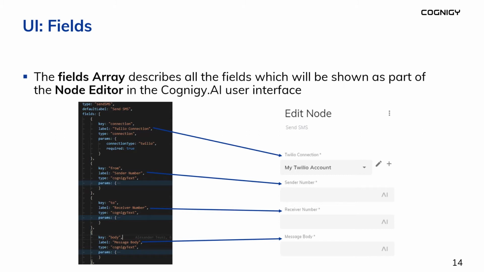So we have a Twilio connection field, which is of type connection. We have a from field with a label sender number, which is a Cognigy text field, receiver number, message body, also Cognigy text fields. We'll learn more about fields on the next couple of slides. But as you can see, those fields, when you put them into the definitions here, will then appear in the Cognigy node editor.